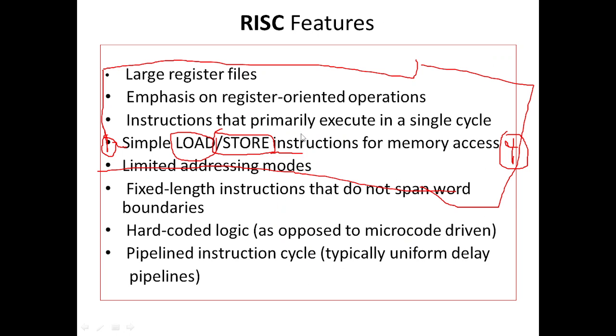Now in RISC, what exactly are the things? Here are two very important points I am trying to cover: the large register files. Why do we need the large register files? To store the maximum number of elements. That's why the flexibility is given here in RISC. So there is emphasis on register oriented operations. Most of the operations are very close to register operations. It is not always interfering with the main memory unit. The main memory unit is devoted only to specific operations, required for very high end operations.